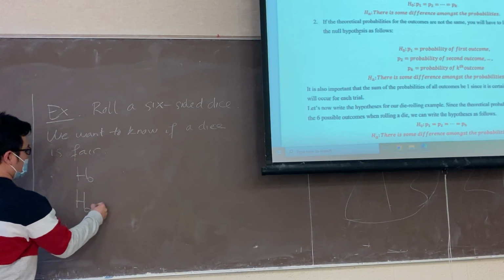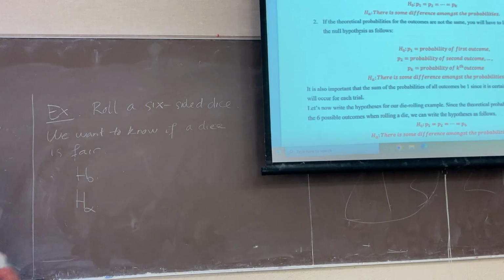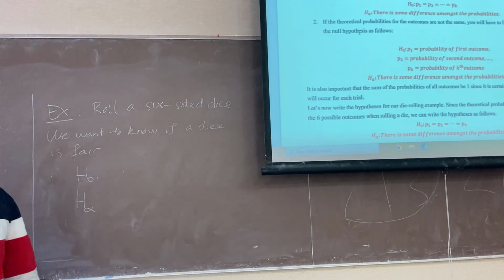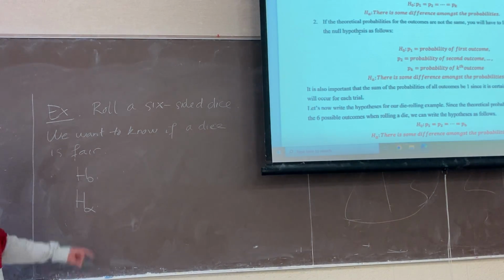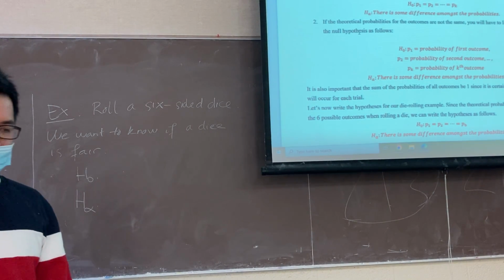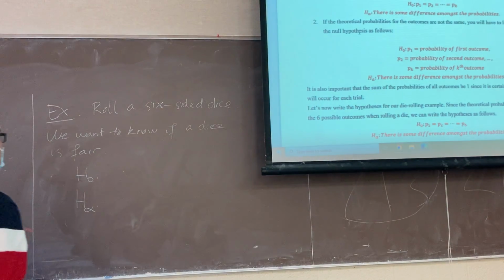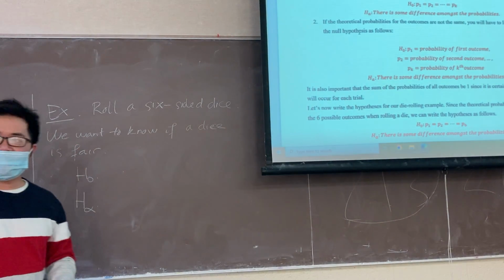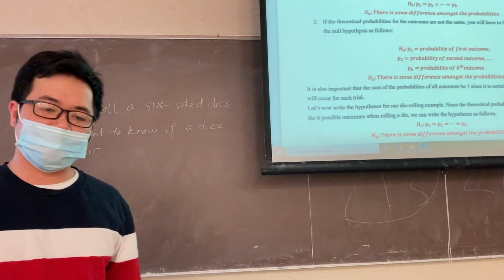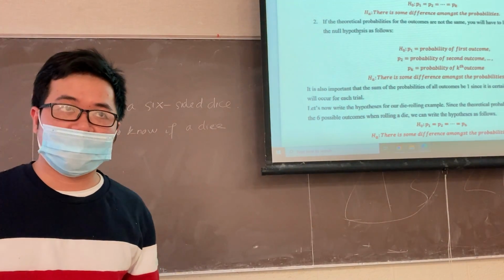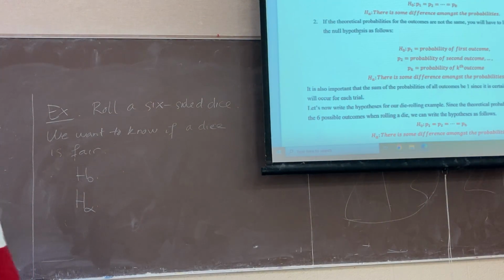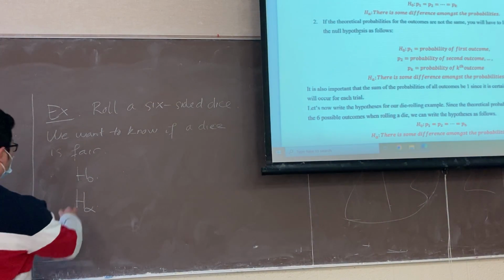The first hypothesis, as in the previous class, is called the null hypothesis, and H-a here is the alternative hypothesis. In this case, we want to know if the die is fair.